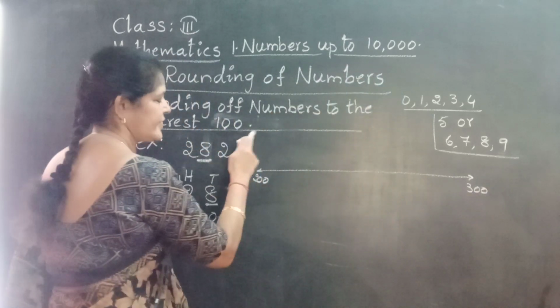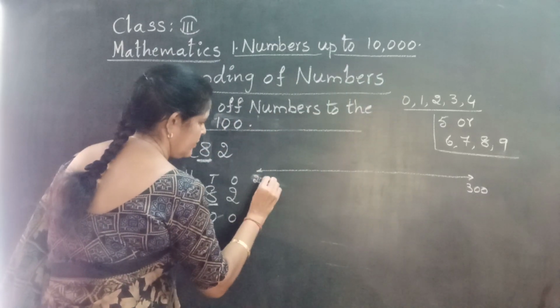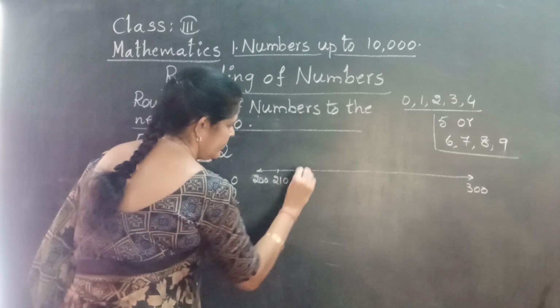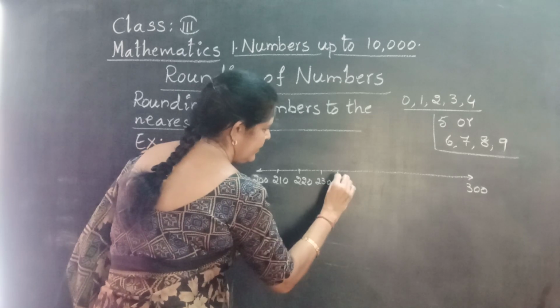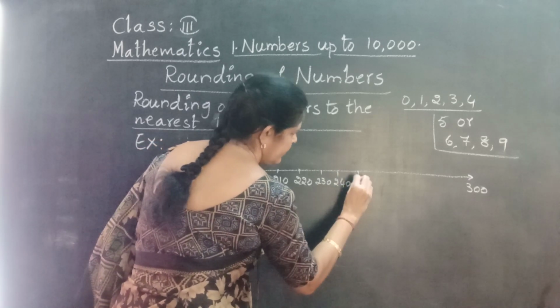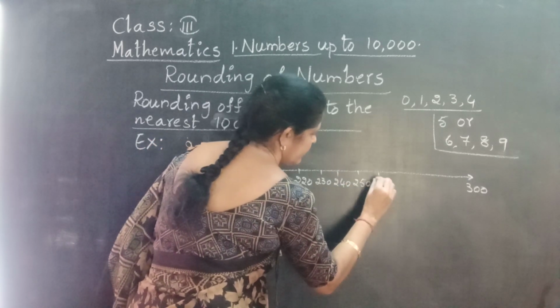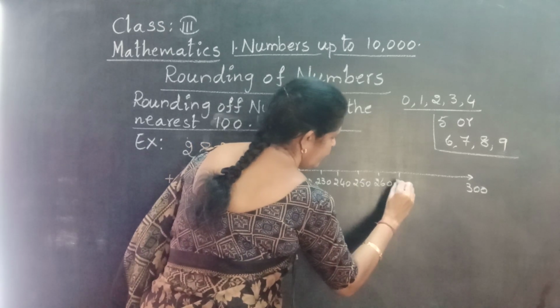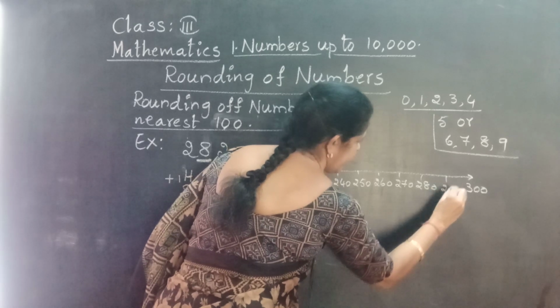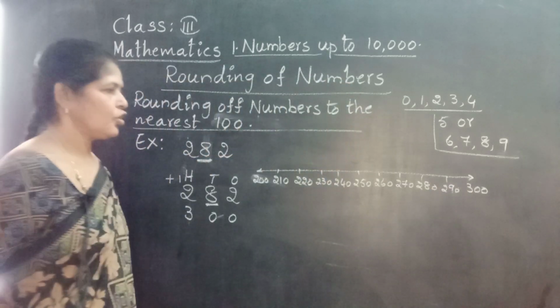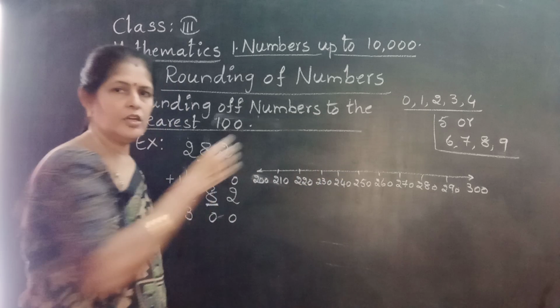Hundreds, that's why. 210, 220, 230, 240, 250, 260, 270, 280, 290. This is the number line 200 to 300.